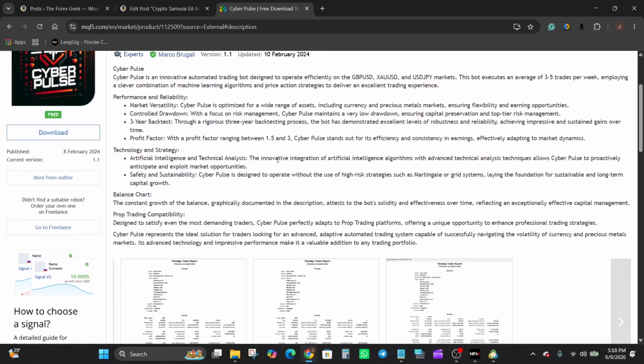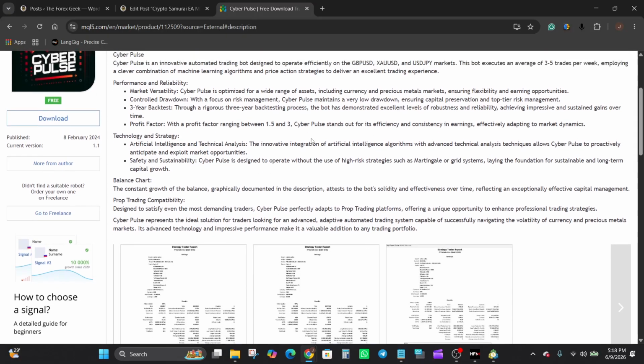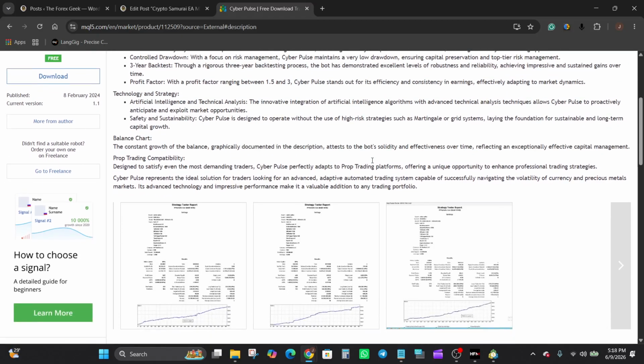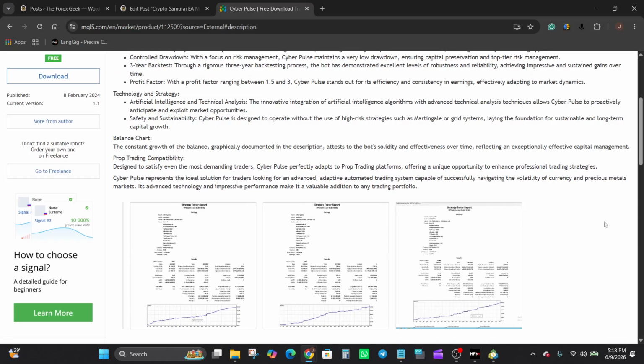It's also noted that the system is compatible with prop trading environments, which suggests it is designed with controlled risk and consistency in mind. Now, moving into the backtesting section, I am reviewing the historical performance data shown here.